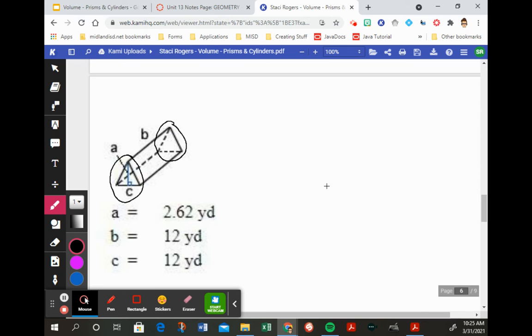On a rectangular prism, we had all rectangles. But on a triangular prism, we have two triangles. So we have to deal with the triangles first.